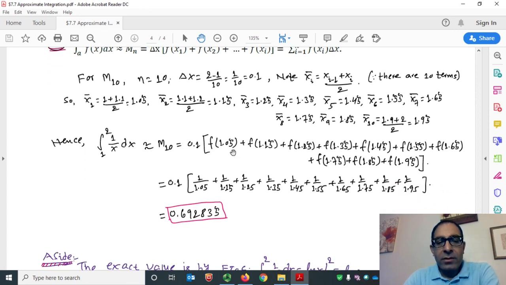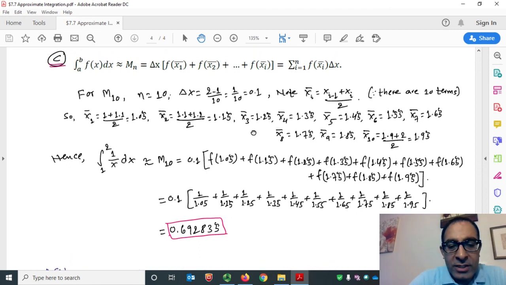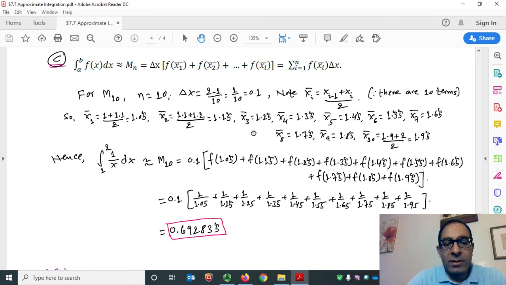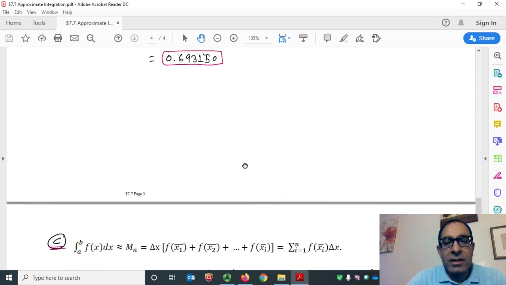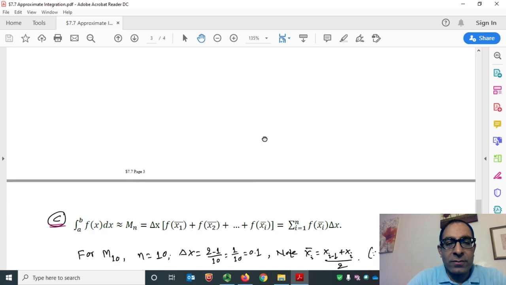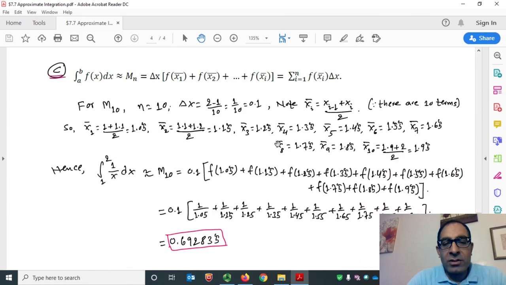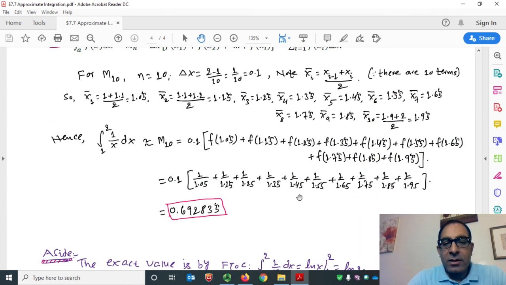Then using the calculator, we end up with 0.692835. Let's see, up to how many decimal places are we close to the previous approximations? I think 0.69, yep, only up to 2 decimal places. So I don't know which one is the better approximation, right?